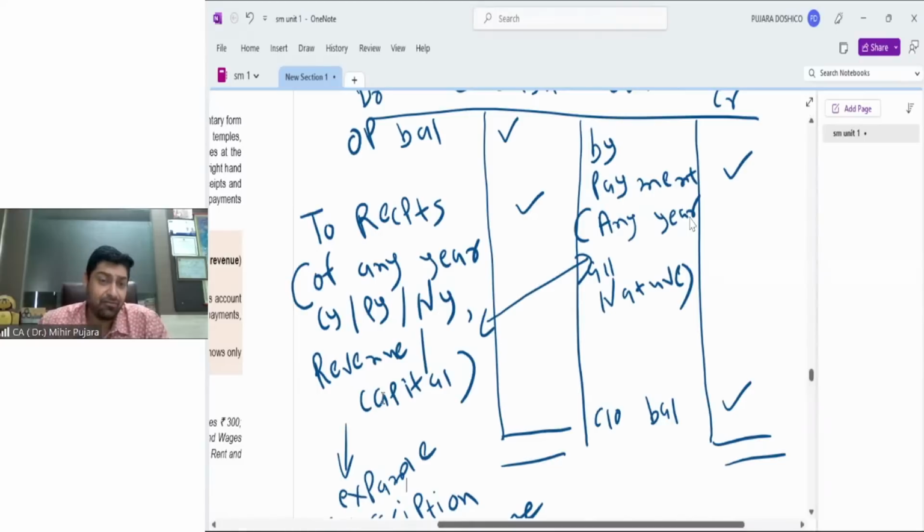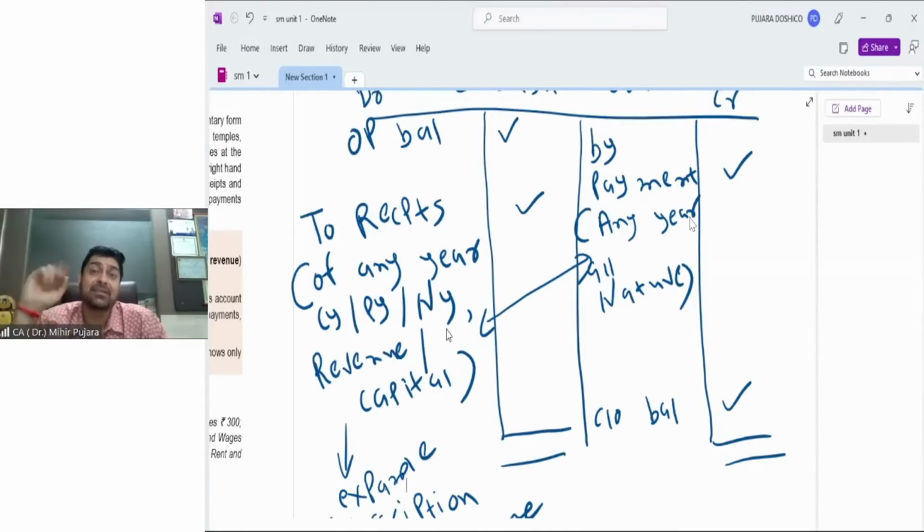Now whatever nature it is, say for example subscription, it's a major income of any club or society or association. It's a revenue income, we need to record here. Say for example they have sold their assets, they have sold their investments.